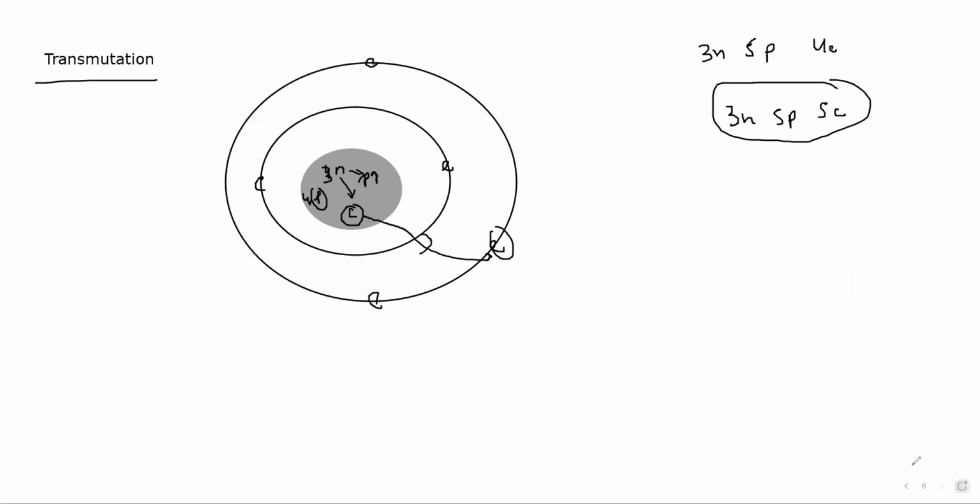Then the last one is known as gamma emission. In gamma emission, gamma is actually energy emitted from the nucleus, so it's not a particle. When the nucleus emits high energy, high frequency radiation, we call that gamma. Because no particle is emitted, there's no change in element.